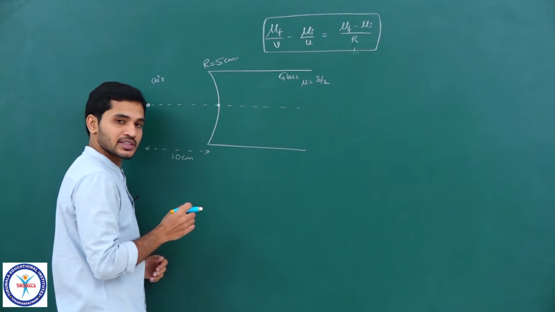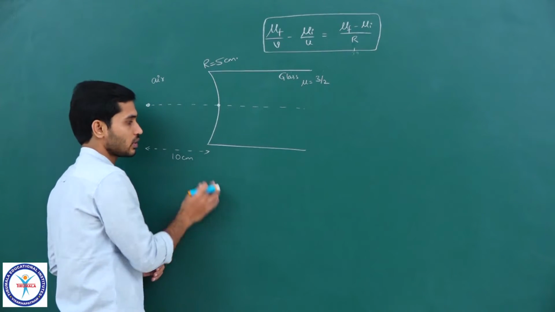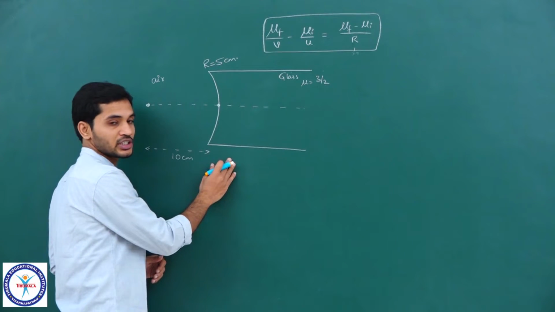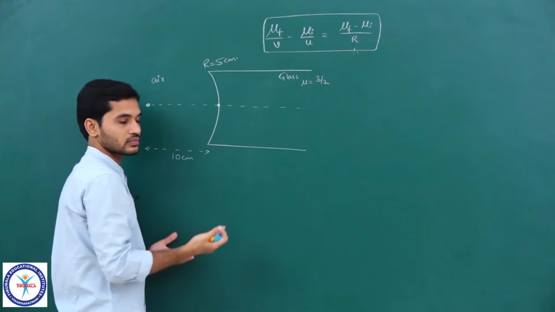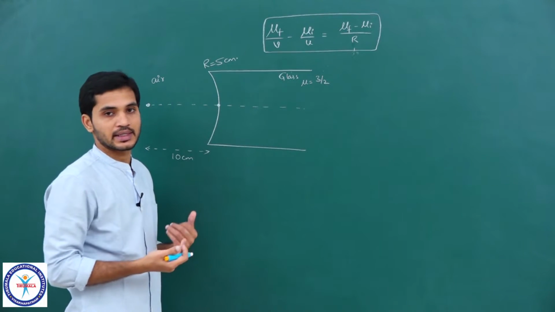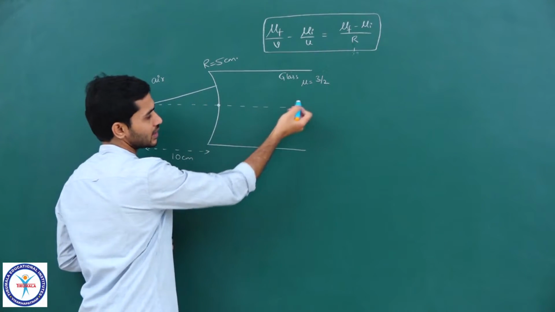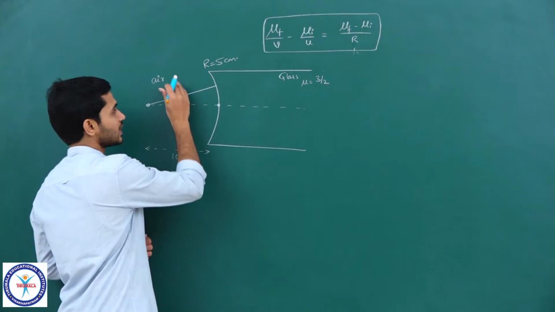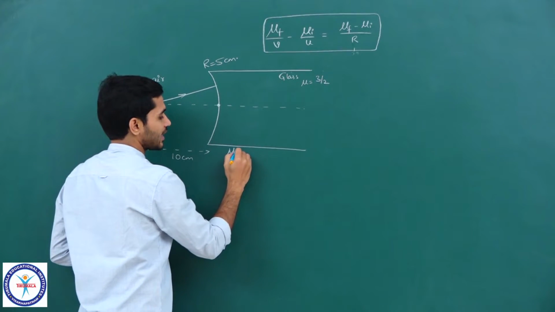I would suggest whenever you are using this formula, before you substitute, first write the values of mu initial, mu final, U, R and all those, so that you get used to writing it correctly. Clear? Light is travelling from here and entering into this medium. So, this is the initial medium and this is the final medium. I will first write the values down.